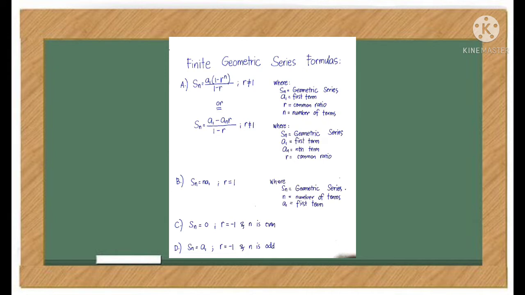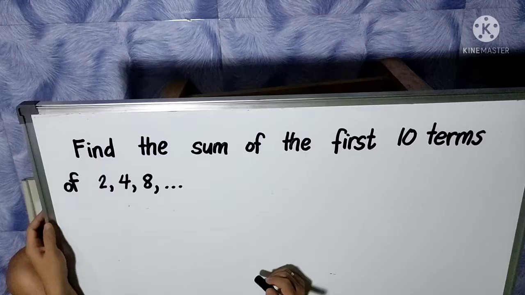And if r is negative 1 and n is odd, the formula will be S sub n is equal to A sub 1. So there you have it, guys, the 4 important formulas in solving for finite geometric series.